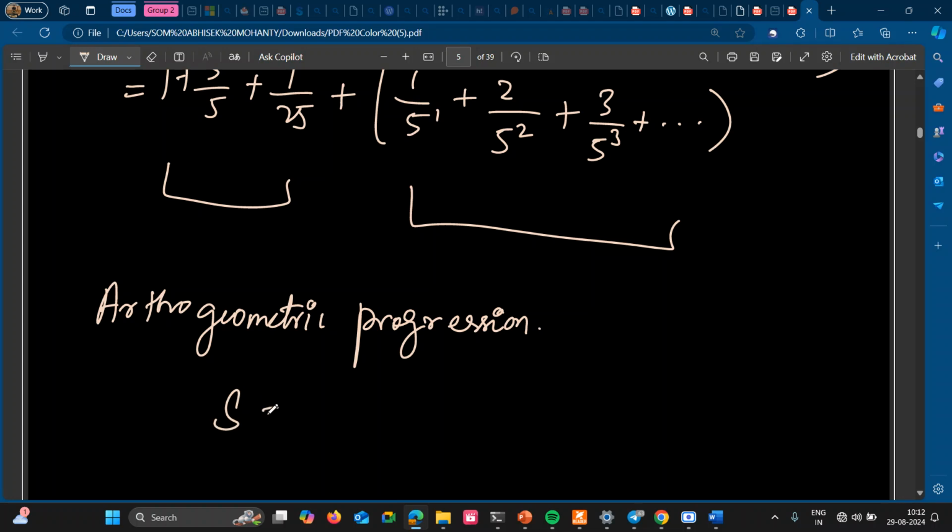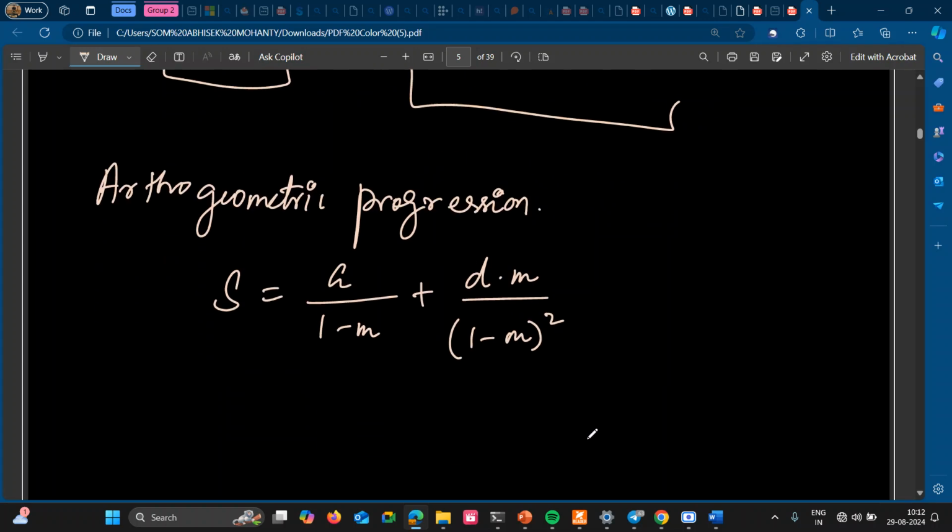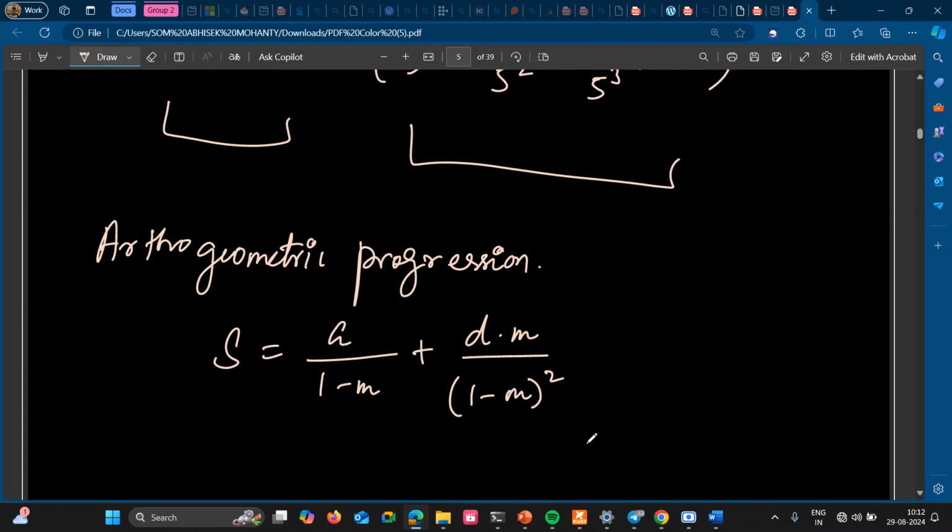Here, what is S? S is equal to A by 1 minus M plus D into M divided by 1 minus M, where D is the common difference. So this is the formula for arithmetico-geometric progression. You have to remember it. There is no other way.